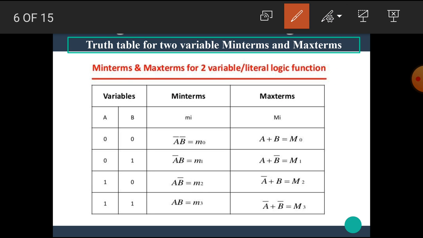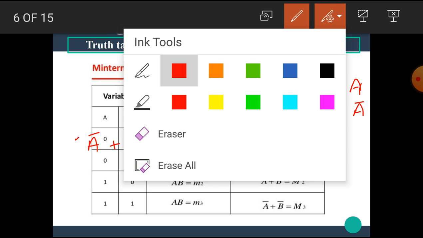But in the case of max terms, the condition is opposite. That means when a equal to 0, we write a, and if a is equal to 1, then we write a bar. Sorry, one mistake here.